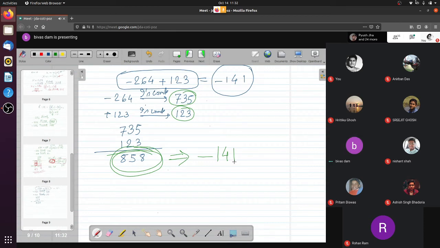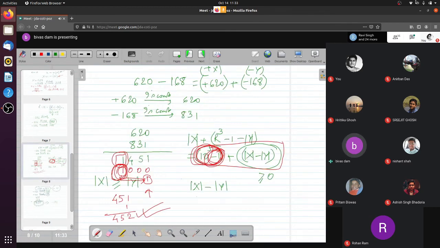Here I have obtained a negative result, and in the previous case I obtained a positive result. Okay, clear or not? Yes, sir. Clear.